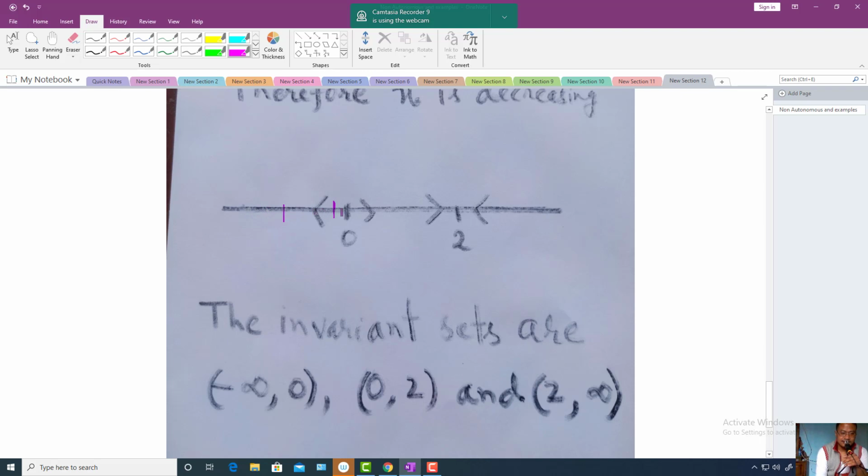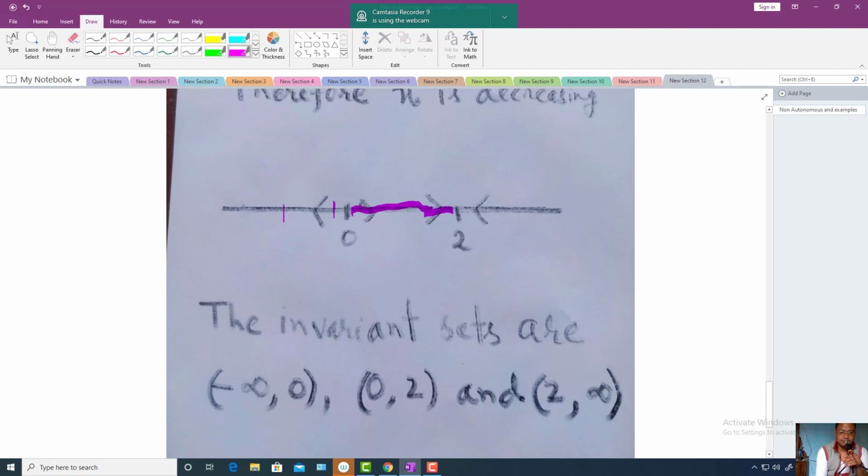That means this set, starting from 0 excluding 0 up to minus infinity, any point in this set, under the dynamics rule, the point's movement will be all on this part of the whole phase line. Similarly, think about any point here, excluding the fixed points 0 and 2.